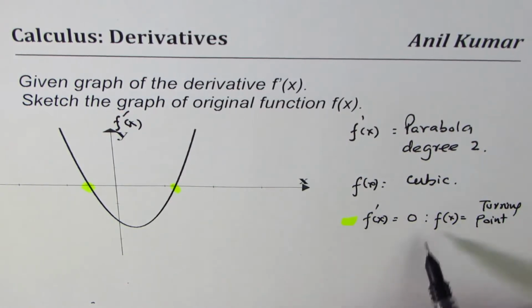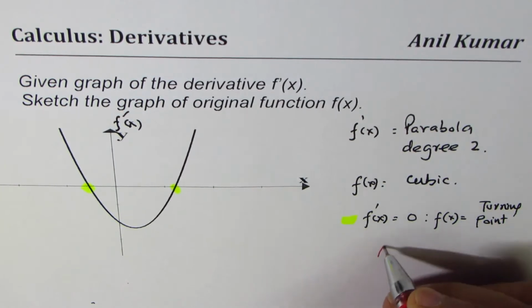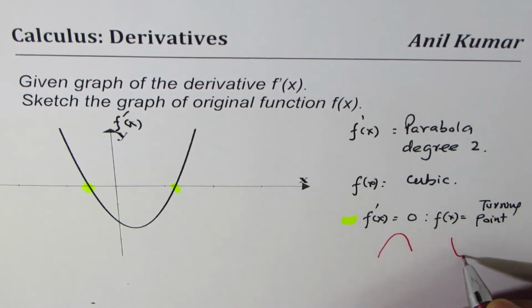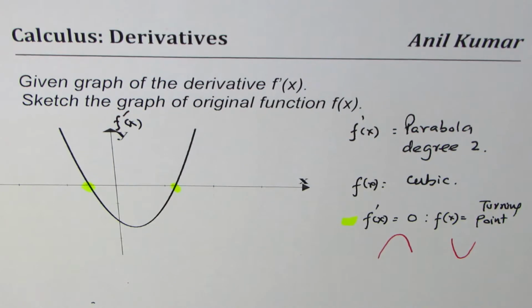Now that's important. The turning point could be like this or like this. In both cases, you have a horizontal tangent. Do you see that? Turning point. Now that's one thing to remember.